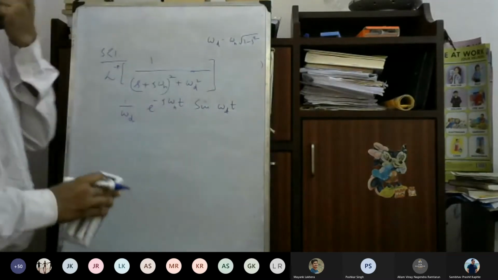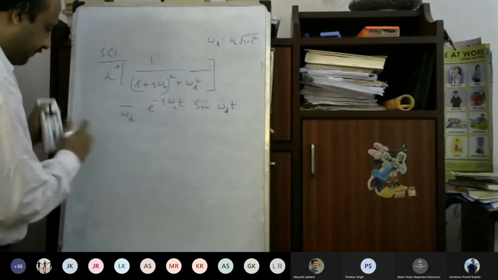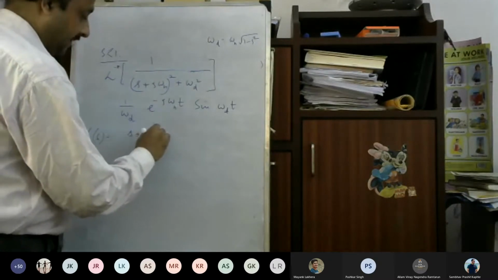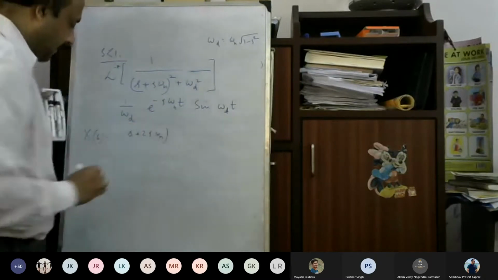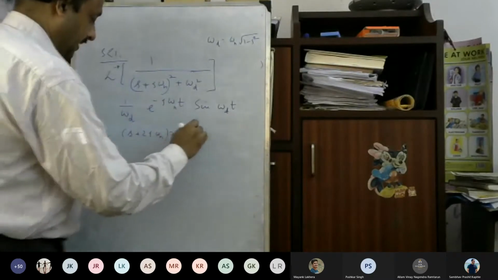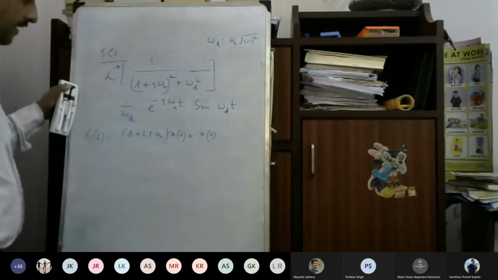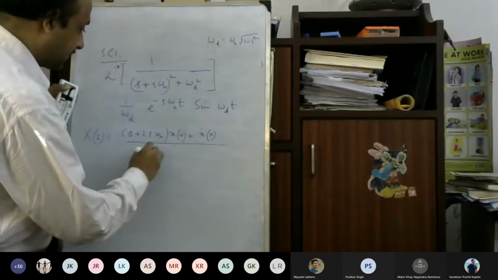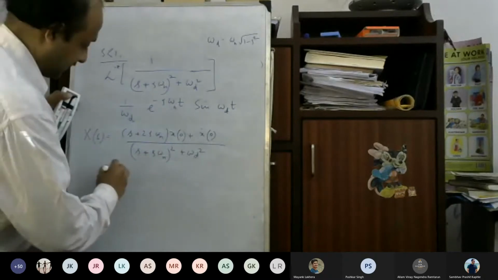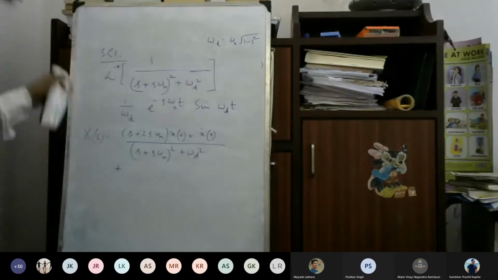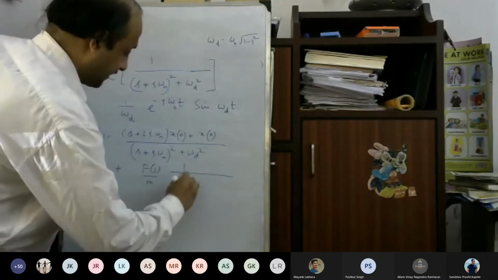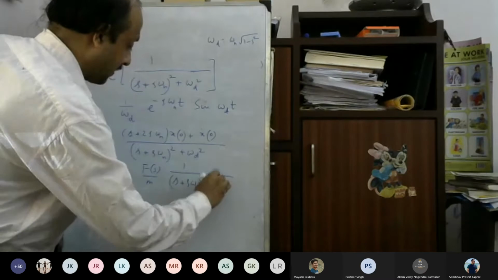Now, of course, the initial conditions will be coming because now our X(s) was (s plus twice zeta omega n) x0 plus x dot 0, divided by (s plus zeta omega n) square plus omega d square, and this part will be F(s) by m times 1 divided by (s plus zeta omega n) square plus omega d square.